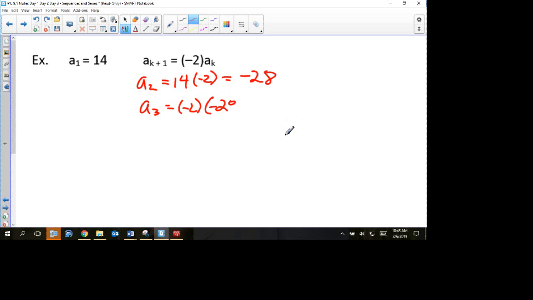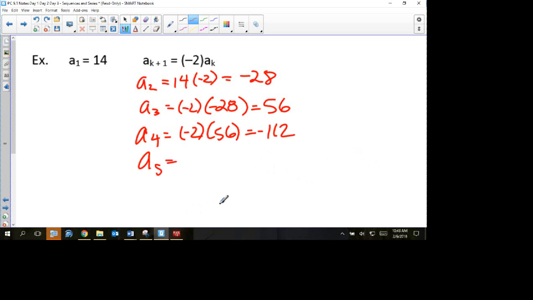You take the previous term and you multiply by -2. You take the previous term, you multiply by -2. You take the previous term and you multiply by -2.